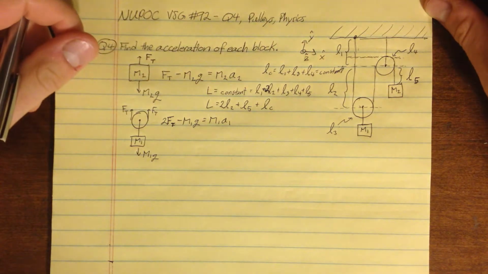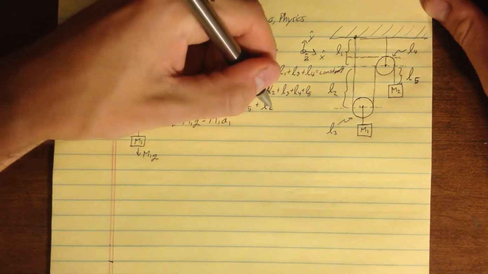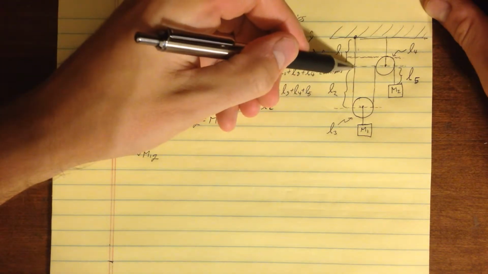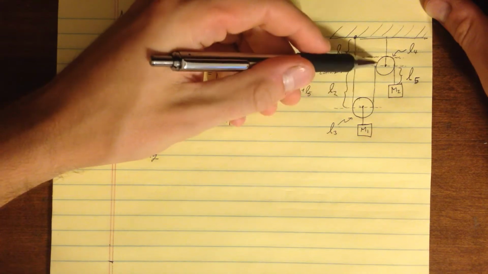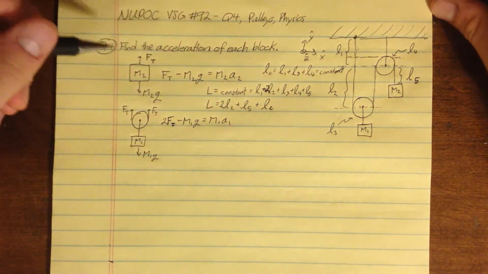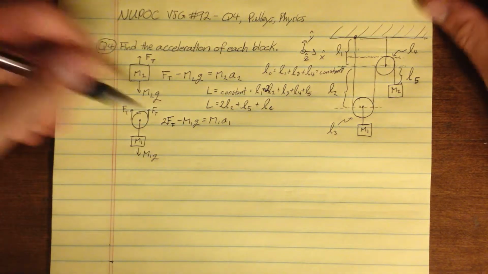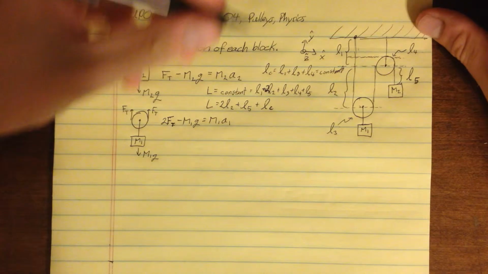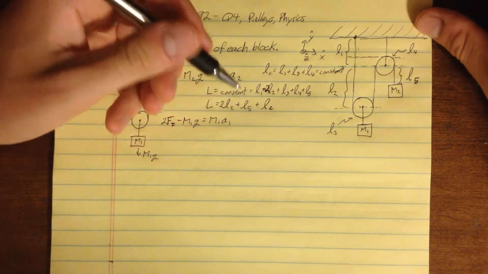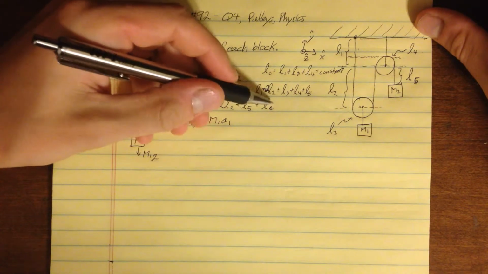Now we have the different lengths of the string, and we want to find out how the lengths change over time, which will give us the velocity of the different masses. So we're going to take this equation and differentiate it with respect to time. LC is going to go to 0.